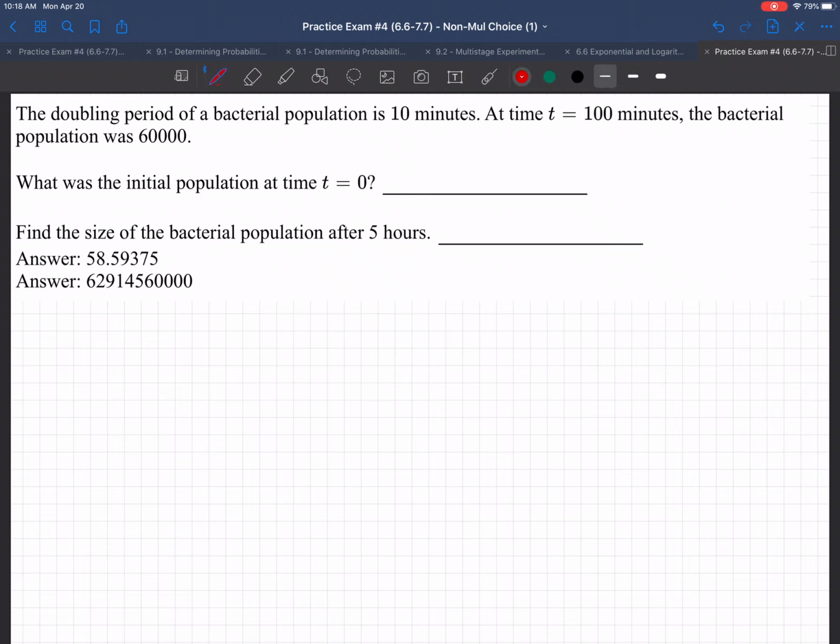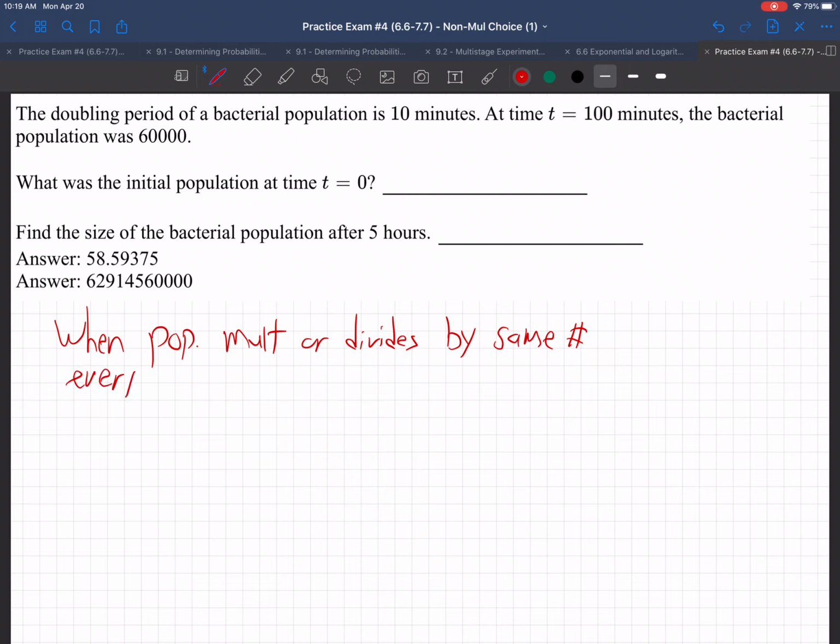So whenever a population multiplies or divides by the same number every same period of time, that is exponential.